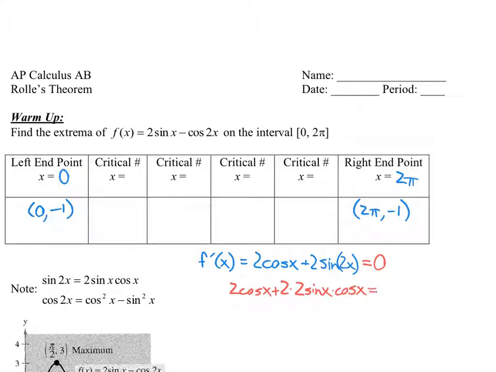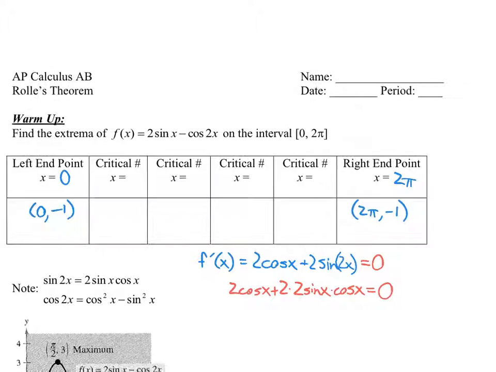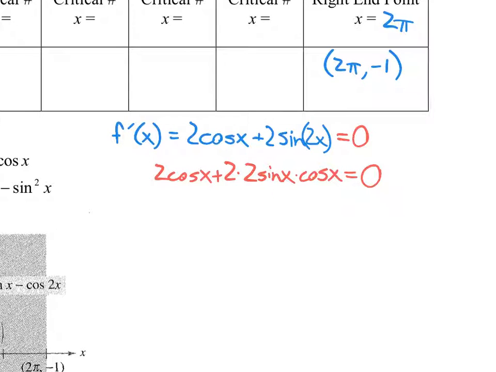So you can factor out cosine. Now I'm going to factor out a 2 cosine, and I'll have a 1 plus 2 sine x equals 0. I was just thinking that 1 plus 2 sine x equals cosine.